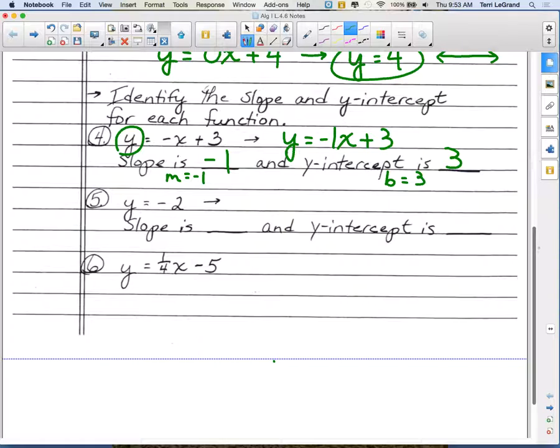Okay, can somebody tell me what this looked like before it got cleaned up? Yeah, this is how it looked before it got cleaned up. Y equals 0x plus negative 2. So the slope is 0, right? And the y-intercept is negative 2.